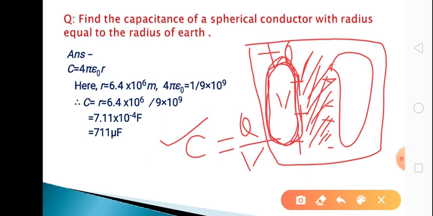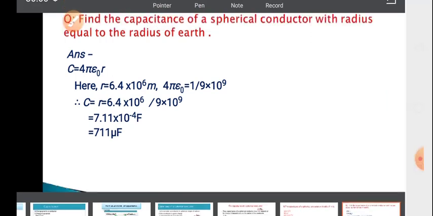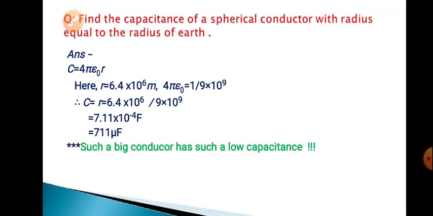So we will discuss these capacitors, different types of capacitors, and the capacitance of the capacitor in the next video. So what is the conclusion here? Such a big conductor has such a low capacitance, so you cannot use these conductors as capacitors to store charge and energy.